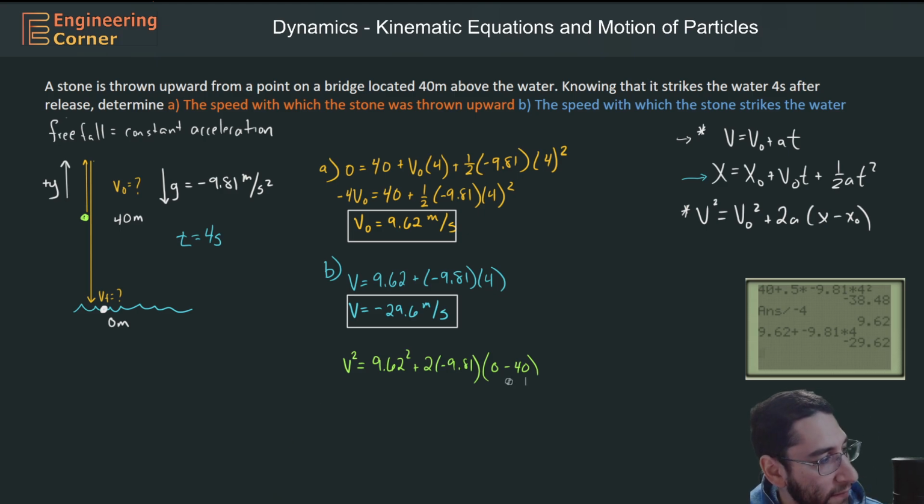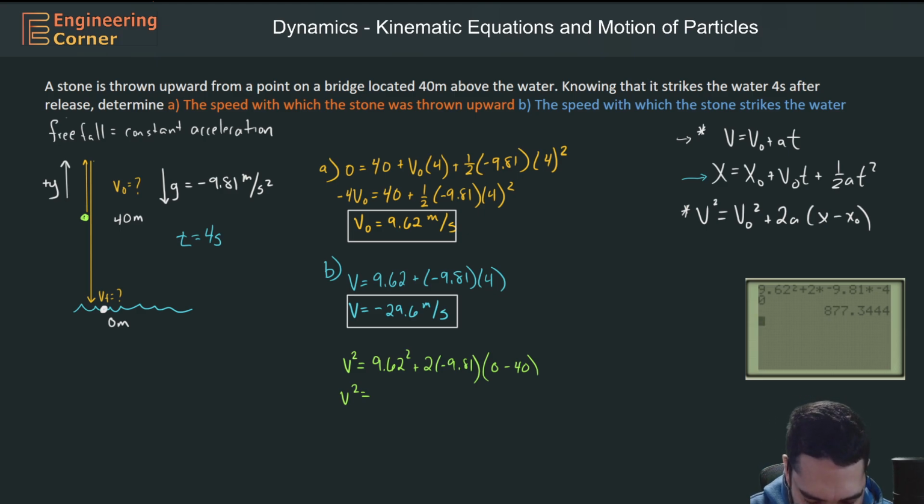So we'll have that v squared is equal to, let's get this number right here, 9.62 squared plus 2 times minus 9.81 times minus 40.